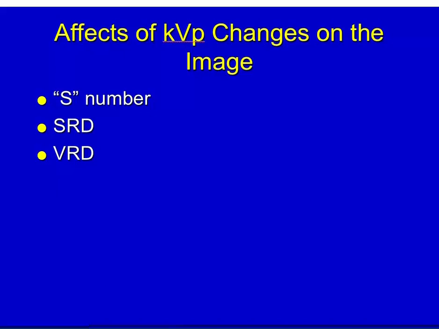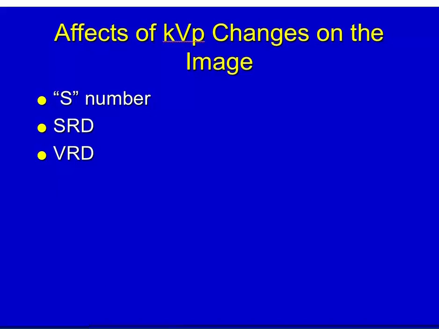So your S number or your index number will show that you increased your exposure by a factor of 2. Sharpness of recorded detail with kVp changes remains unaffected. Visibility of recorded detail, you might see a slight change in contrast. It's not going to be real significant though.